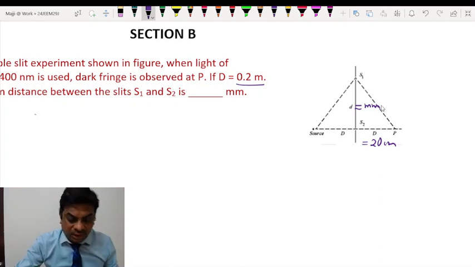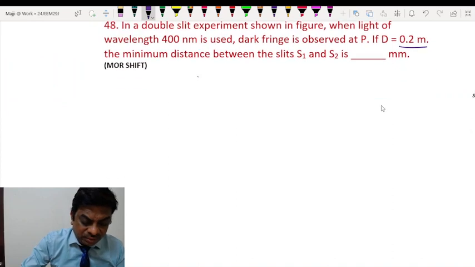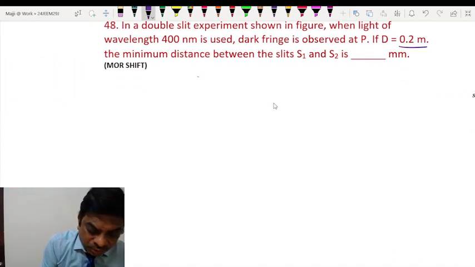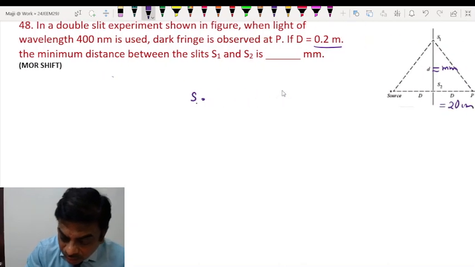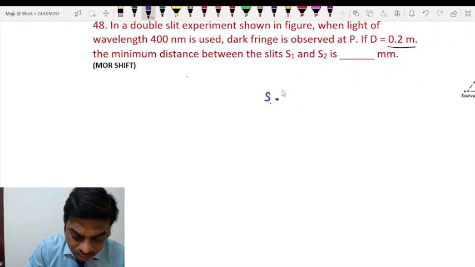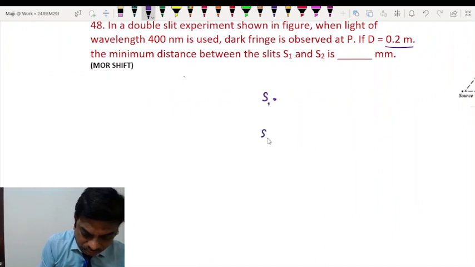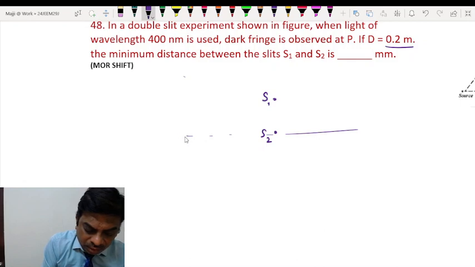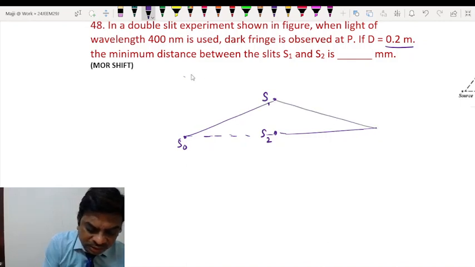Okay, right. So here we will see what to do. Suppose this is the slit S1 and S2. Light coming from the original source will straight away move and reach here, whereas light coming from this way has to cross all the way and come like this.